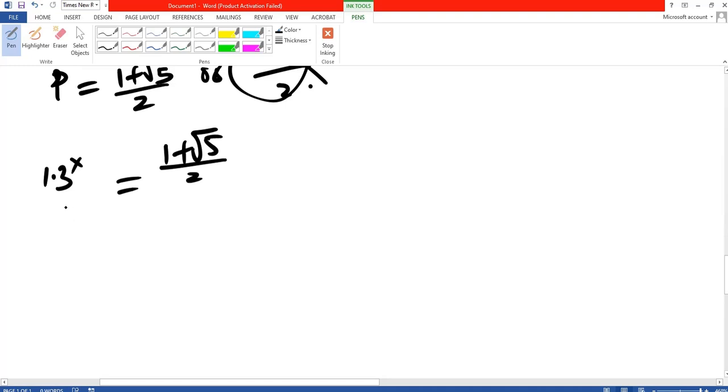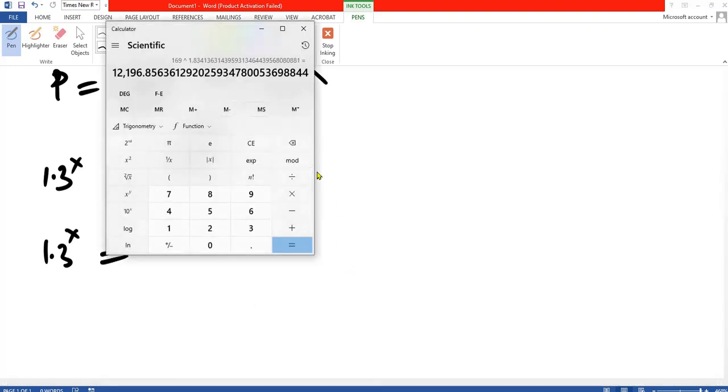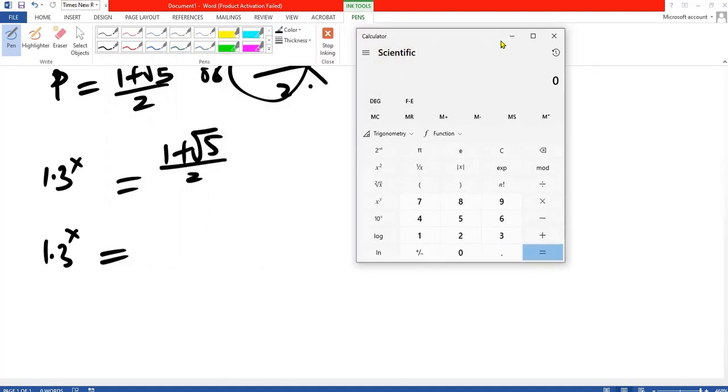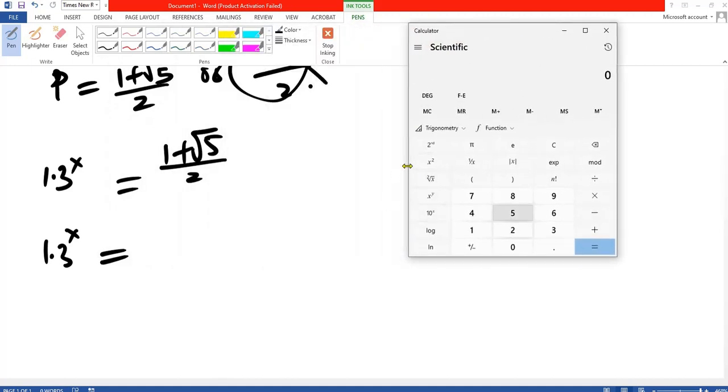So I now have 1.3 raised to power x is equal to, now let me solve this. I have square root of 5 plus 1 divided by 2.